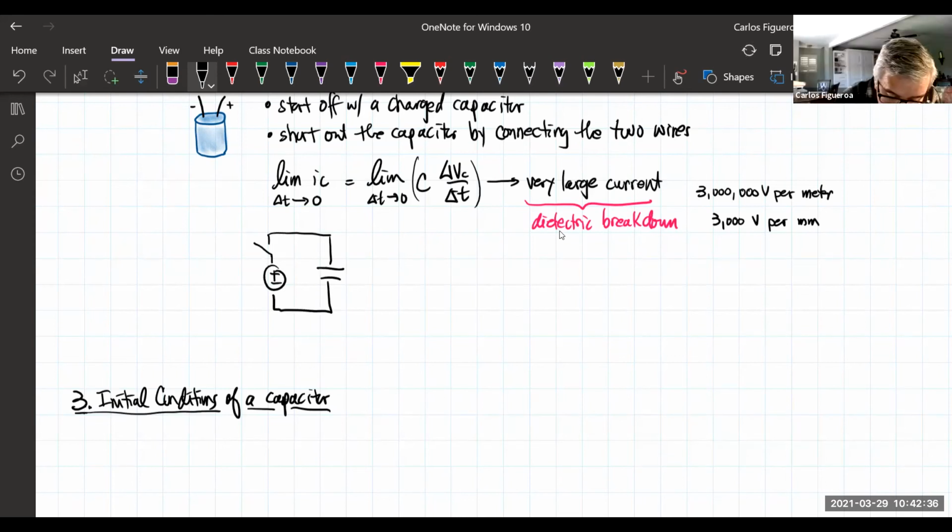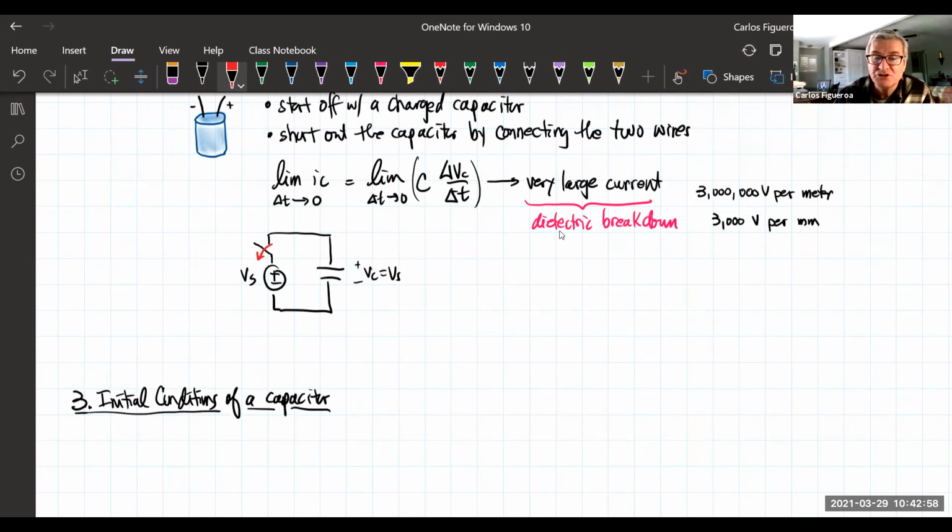What you do here is, you already have a voltage across the capacitor. That's the source right there. And you have it fully charged. So now what you do is you open the switch very, very quickly.